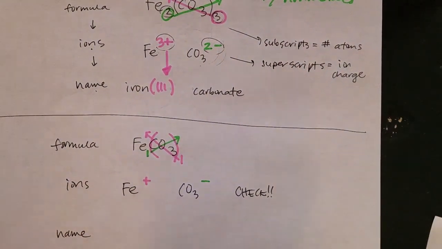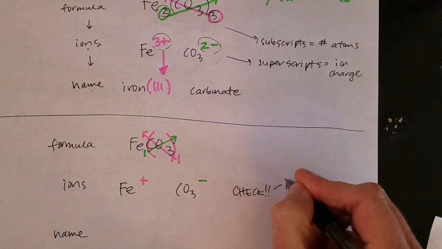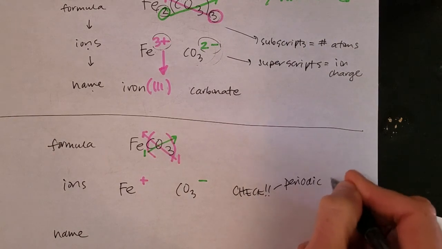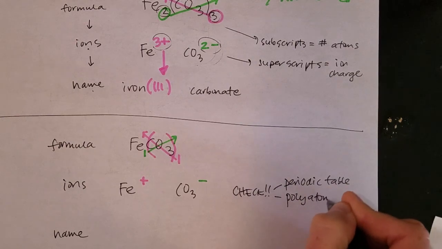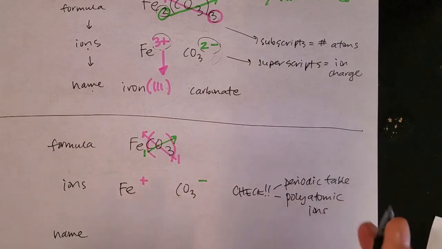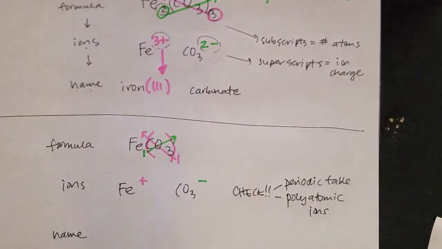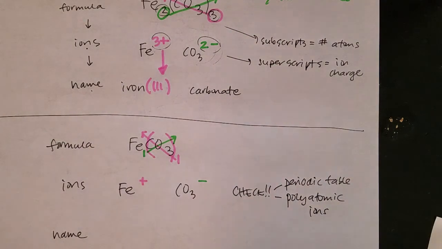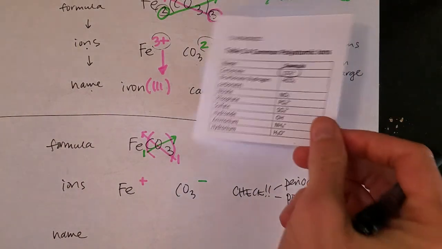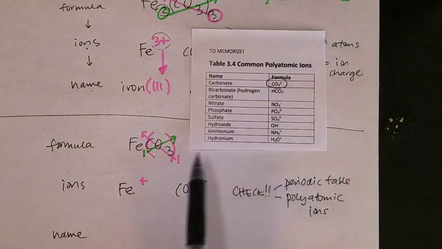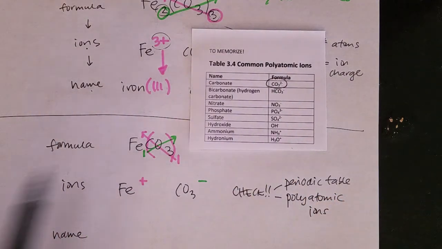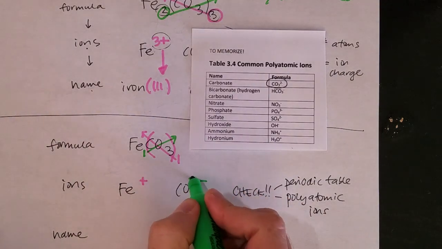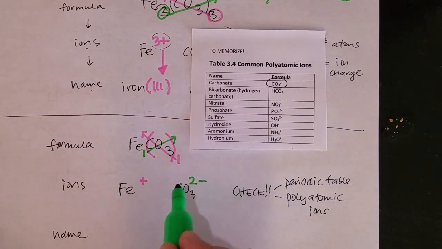At this point, you always want to check, all right? The places you want to check your ions are the periodic table, and you also want to check your polyatomic ions. Because sometimes when I just combine 2 ions, there's actually a charge here that we are overlooking. So I'm going to bring my little table here, and if you look at carbonate, carbonate's actually 2 negative. So I need to say, okay, this is 2 negative, not 1 negative, but 2.